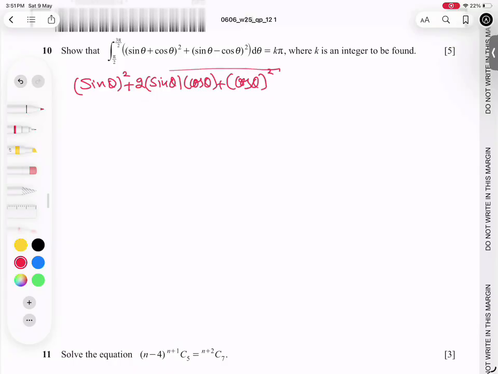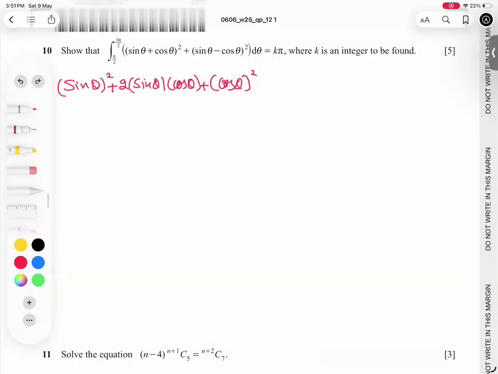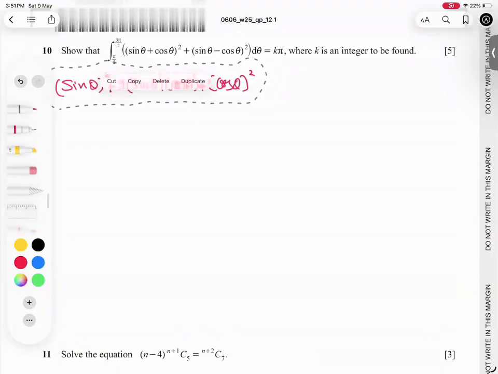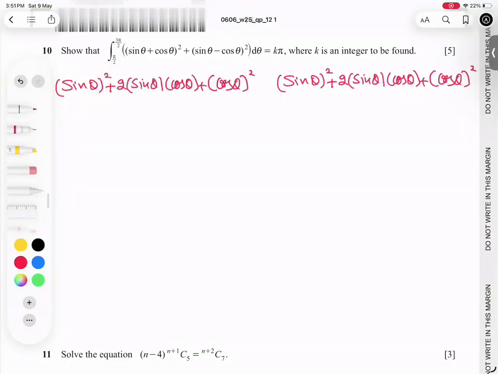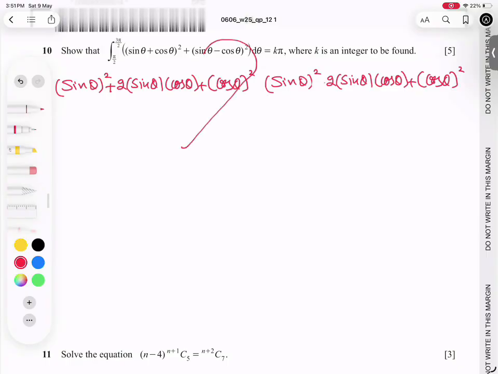So this I expanded for the first part. Same thing I'm copying, and pasting the second part here. But this time I will plug in negative here, because there is a negative in the middle. So negative, and here in the middle plus, because there's a plus.